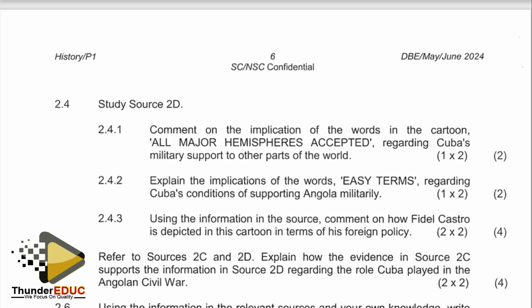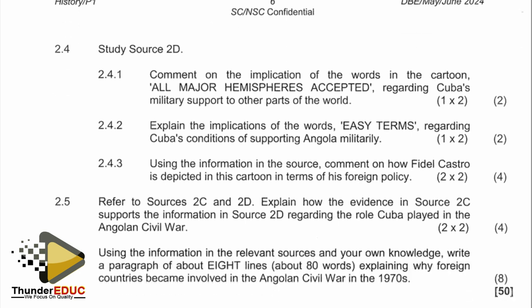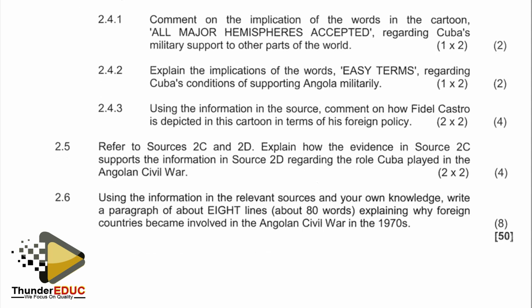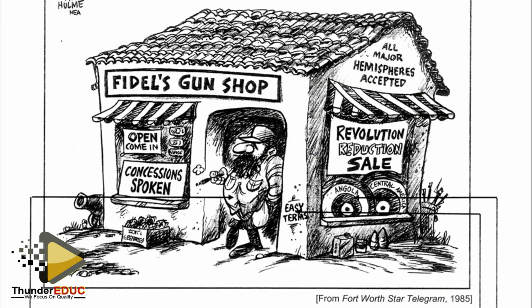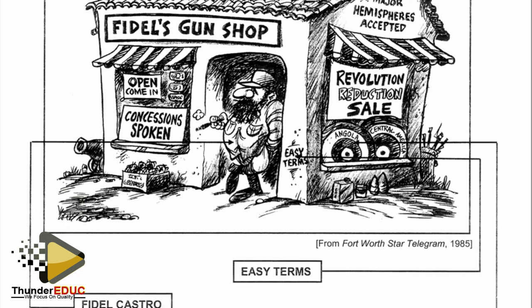Then we move on to number 2.4.2. Explain the implications of the words easy terms regarding Cuba's conditions of supporting Angola militarily. Right, if we check here, the easy terms are indicated here and clarified here.